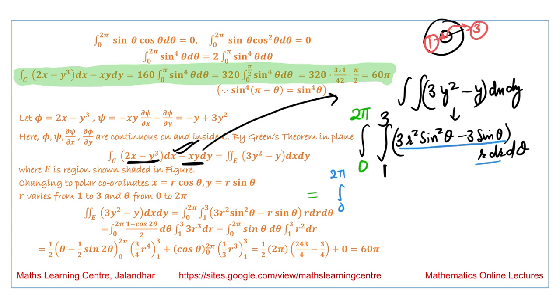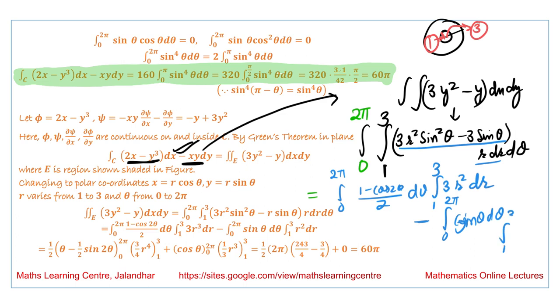We get the integral from 0 to 2 pi of (1 minus cos 2 theta) by 2 d theta, times the integral from 1 to 3 of r squared dr, then minus the integral from 0 to 2 pi of sin theta d theta, times the integral from 1 to 3 of r squared dr.